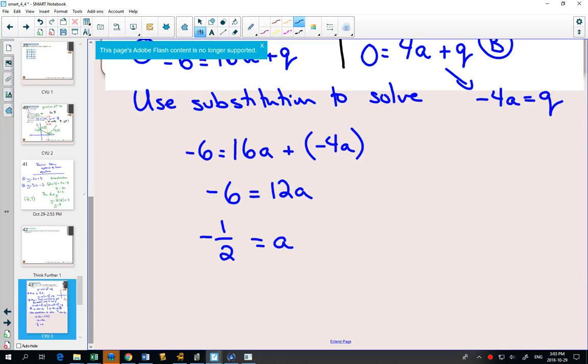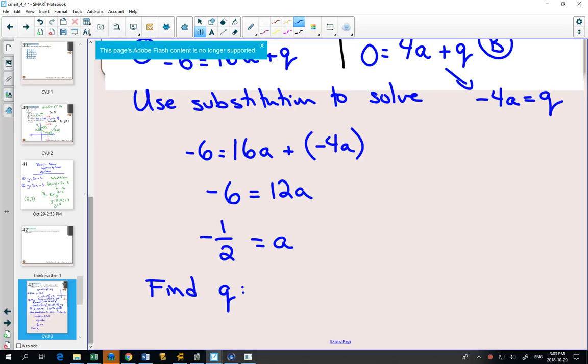Once you've found a, you can now plug in -1/2 for a into either equation A or equation B to find q. Which one would you like to use to find q? You want to use B?